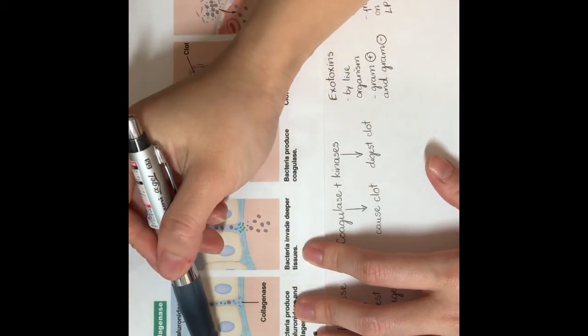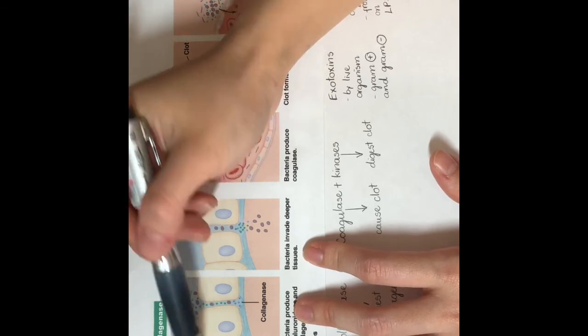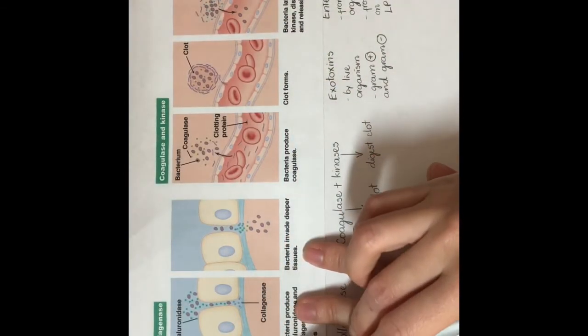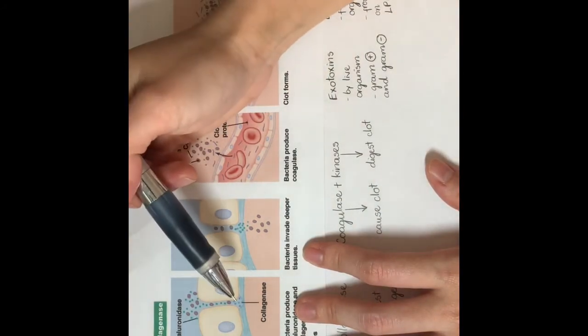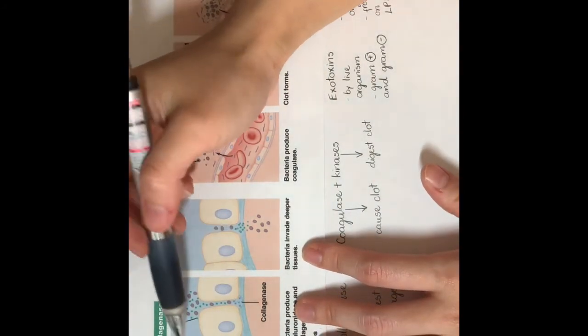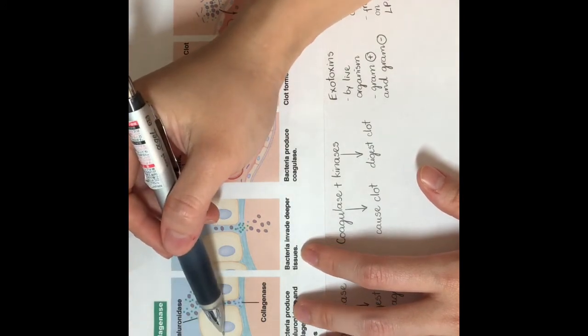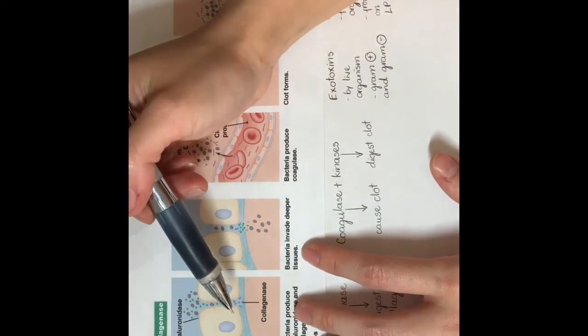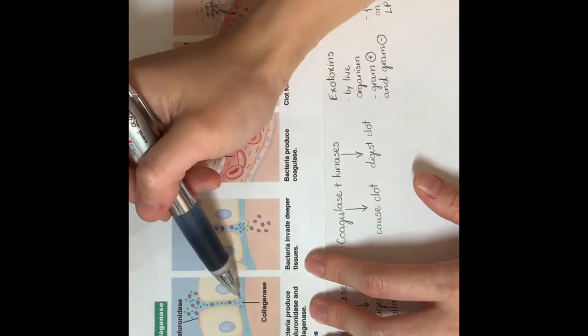This is where hyaluronic acid is. This is the collagen layer. Hyaluronidase digests hyaluronic acid. Hyaluronic acid is a glue that holds cells together. Collagenase breaks down collagen.